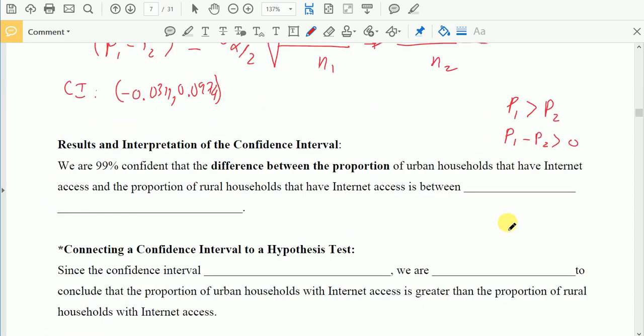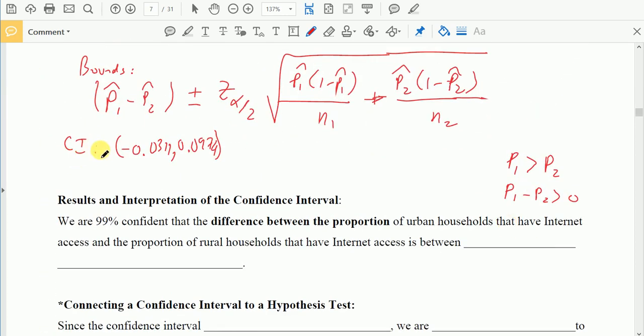Okay, so once you obtain the confidence interval, you got that, right? Now how do we interpret the result here?